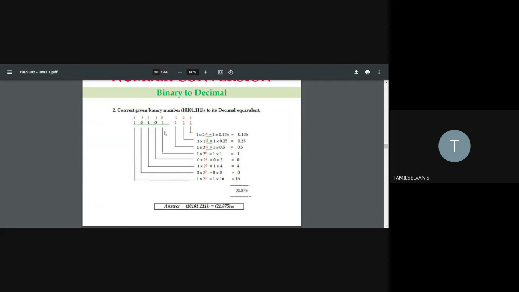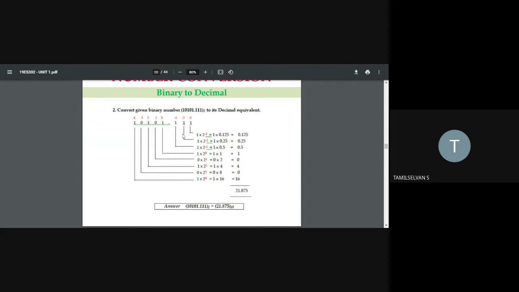As I already told you, this digit is 2 power 0, this is 2 power 1, this is 2 power 2, taking the order from right to left. Different methodologies have to be followed for the floating point part.